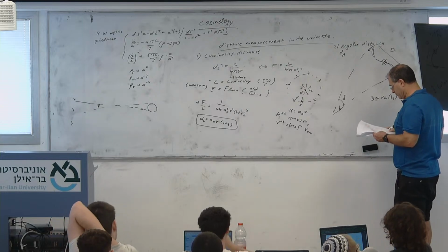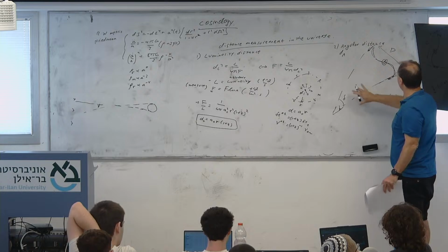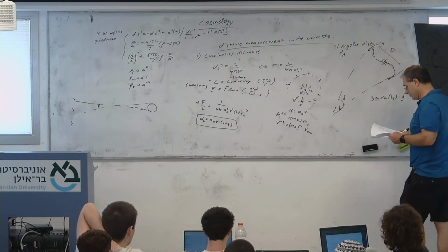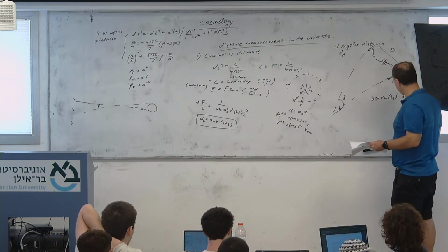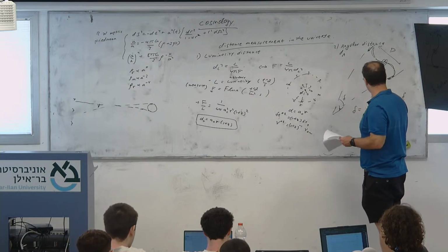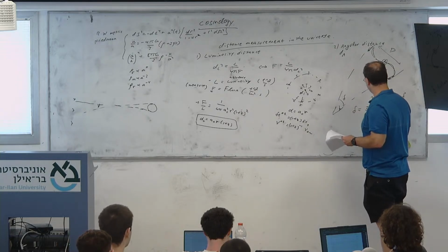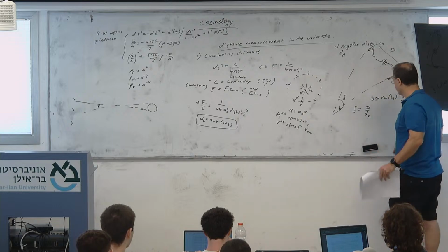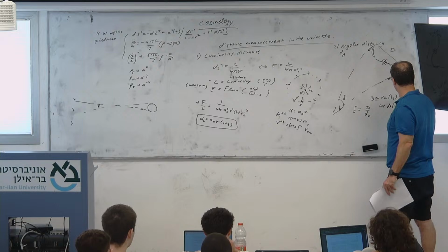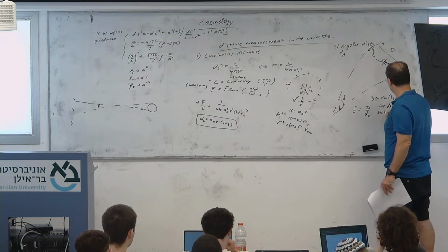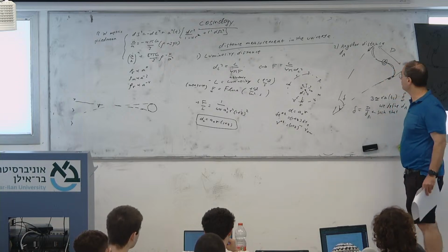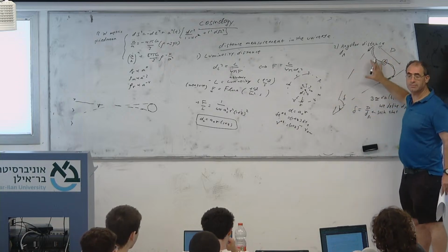So I can define now, again, if it was known, what would be the angular diameter? dA would be defined such that delta is equal to d over dA, which is what would be true if we had a flat space.